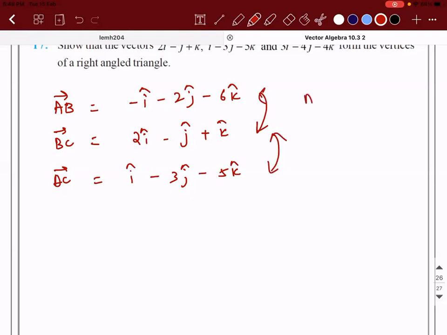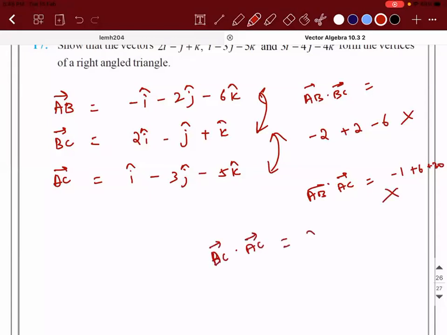So AB dot BC, what is it? Minus 2 plus 2 minus 6, not 0. AB vector dot AC vector is how much? Minus 1 plus 6 plus 30, not 0. Then BC vector dot AC vector: 2 plus 3 minus 5. So this is coming out as 0.